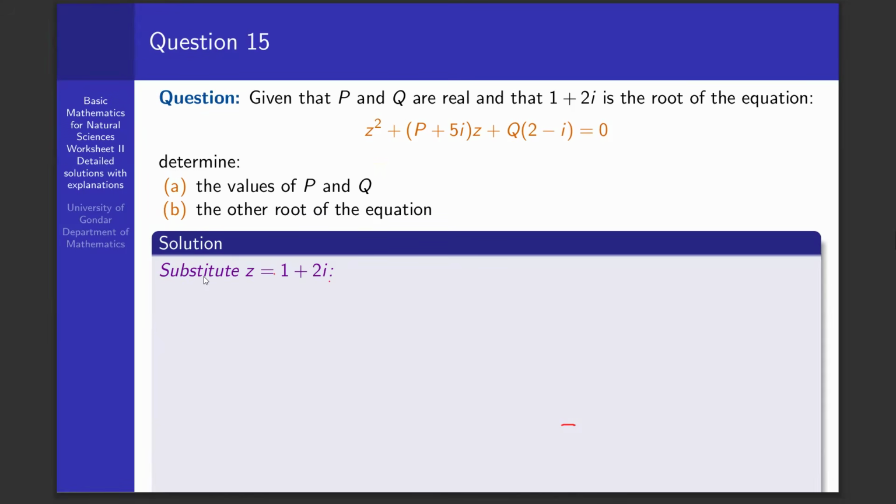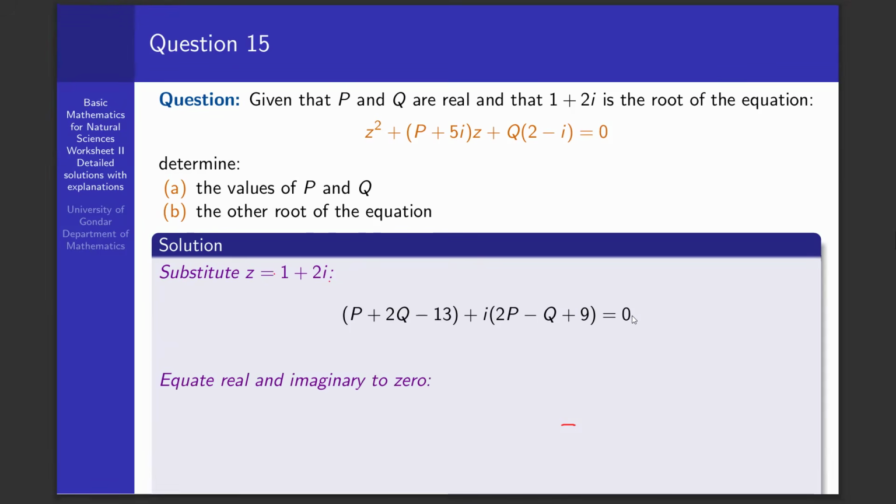let z is equal to 1 plus 2i, substituting it in the place of z here. Then it becomes (p plus 2q minus 13) plus i(2p minus q plus 9) is equal to 0.